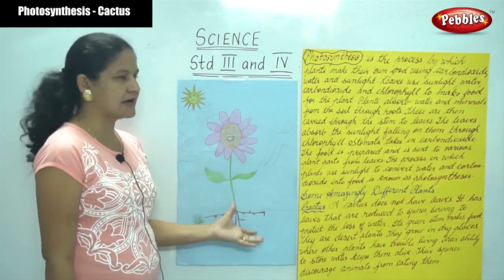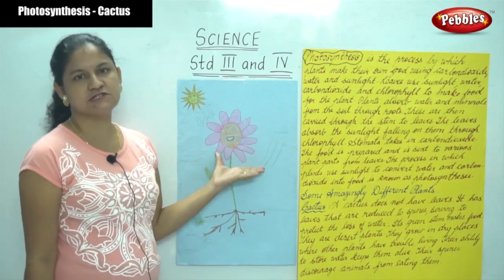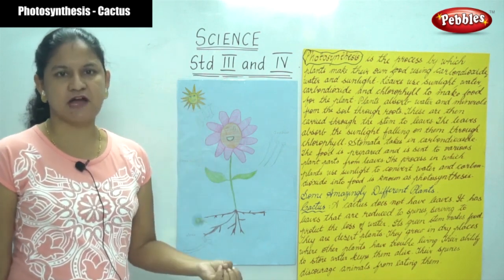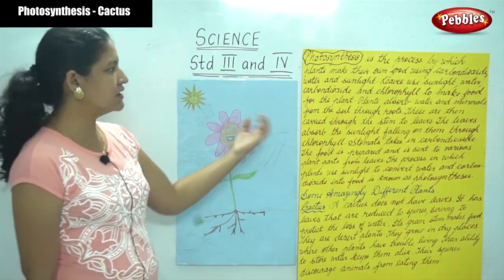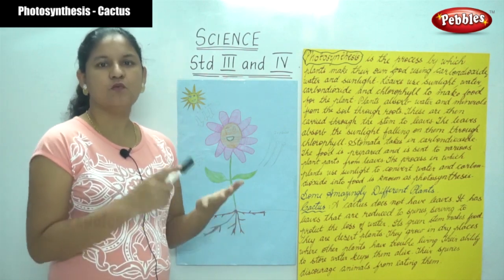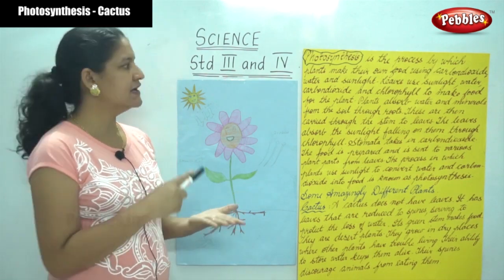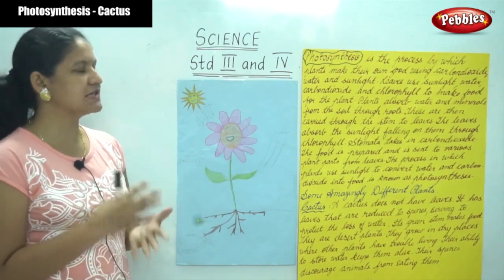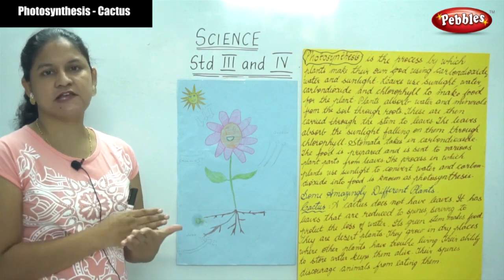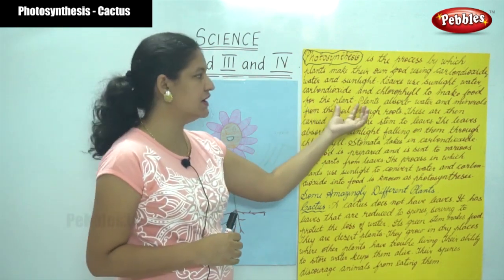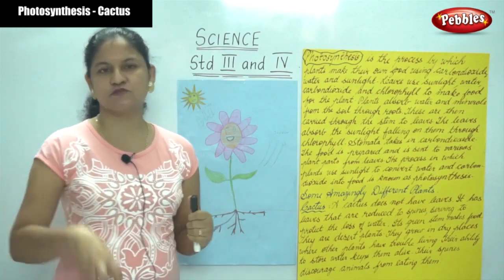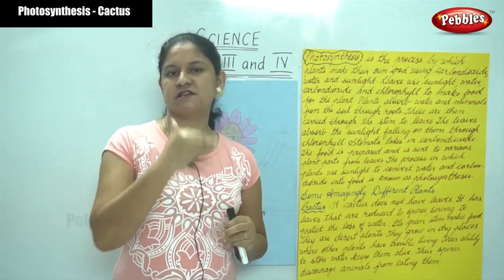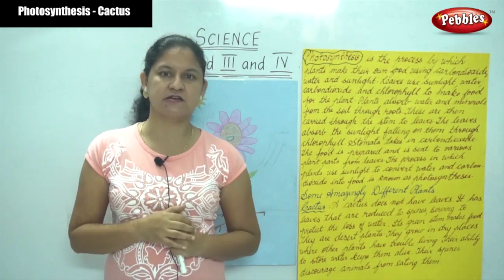So using a diagram we can explain the process of photosynthesis. Photosynthesis is nothing but the process by which plants make their own food using water, carbon dioxide, sunlight and chlorophyll. The leaves use sunlight, water, carbon dioxide and chlorophyll to make food for the plant. The plants absorb the water and minerals from the soil through the roots, which is transferred to the stem and finally reaches the leaves.